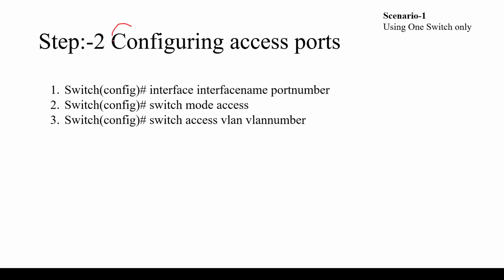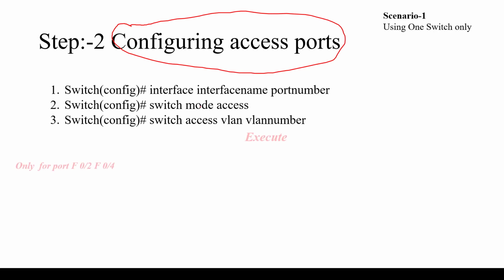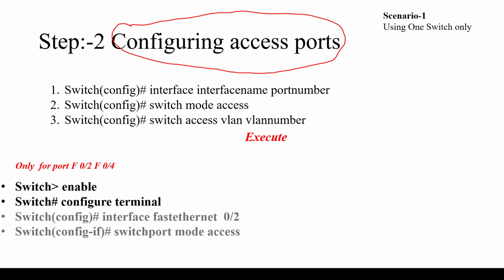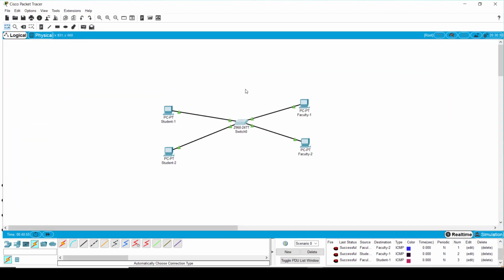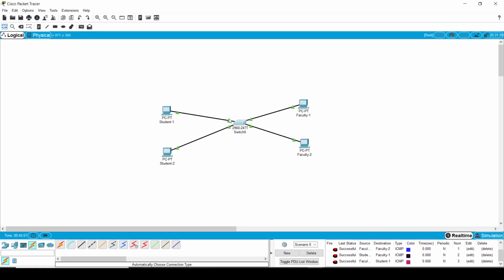Now we are going to configure the access port. We are going to move specific ports from the default list to a specific VLAN. First of all, we have to identify the student ports from this topology. Move your cursor over a specific port of the switch.